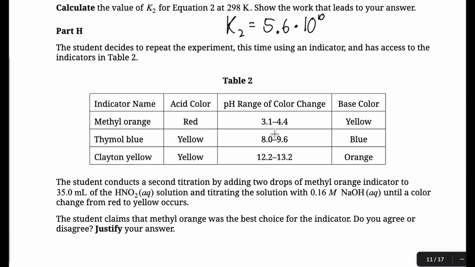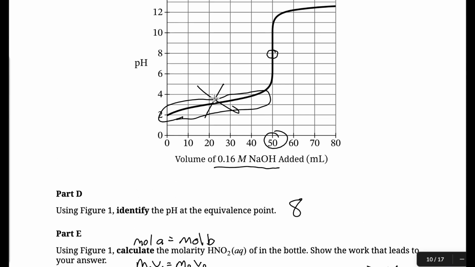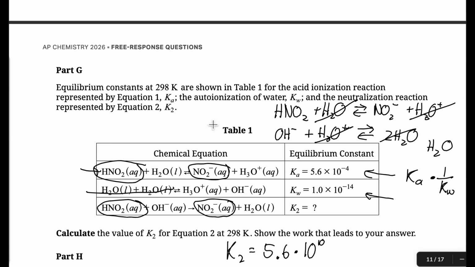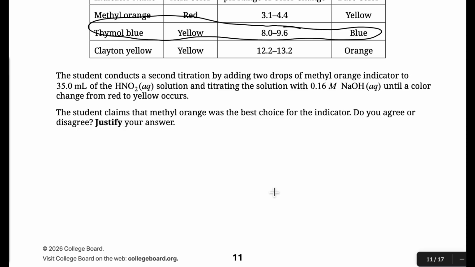So we're going to need to find something that has a pH range of around 8 or a little more. So that fits this one very nicely. The student that says methyl orange is the best is wrong, because this indicator changes color at around 4 pH. At 4 pH, we're still not done with our titration, so it doesn't make sense to use that indicator. Hence, the student is wrong.